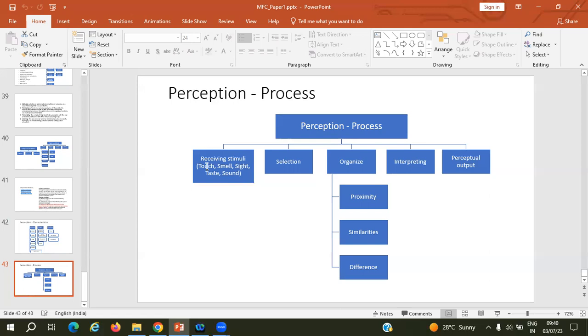Next is selection. Selection is nothing but whatever you are seeing, you are selecting one thing. You have seen cars, trees, trucks, but you have selected the car because you saw similarities in that car.